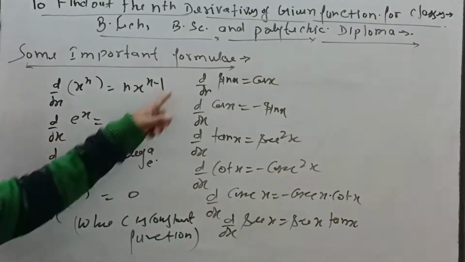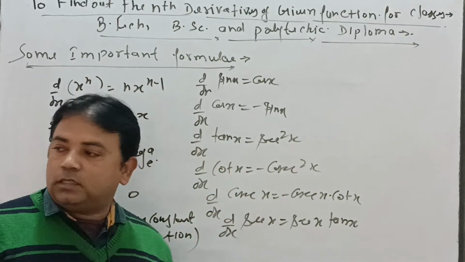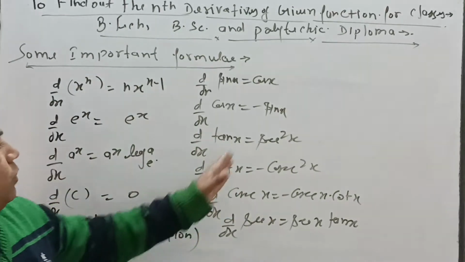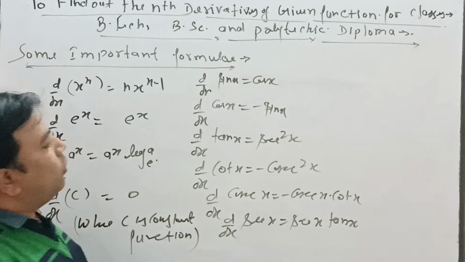These are the 6 trigonometric ratios: sin x, cos x, tan x, cot x, cosec x and sec x. These are the derivative formulas.